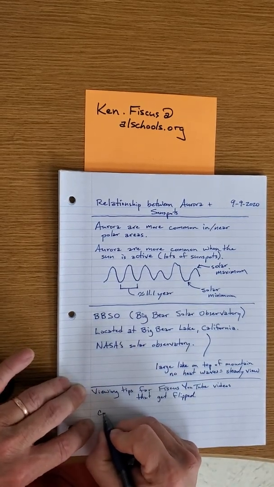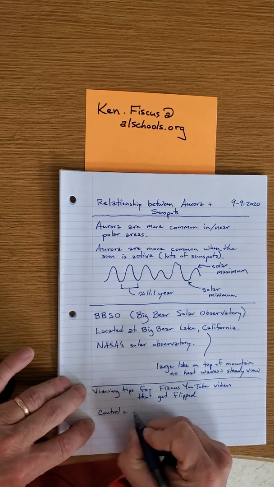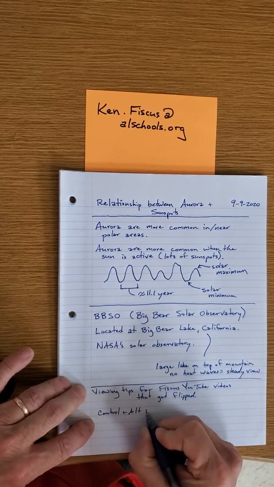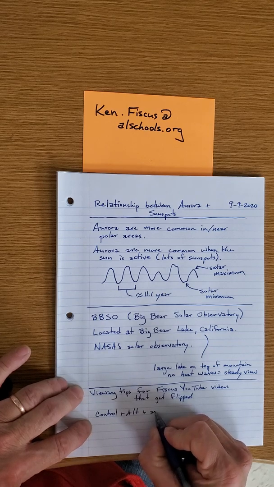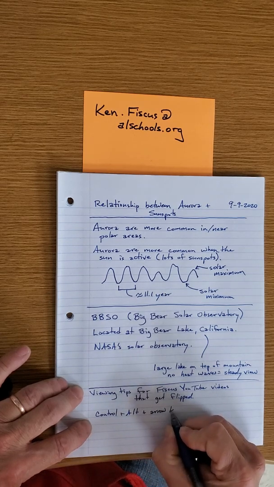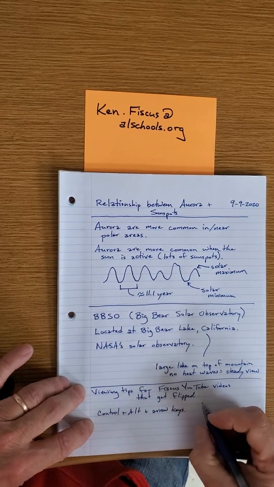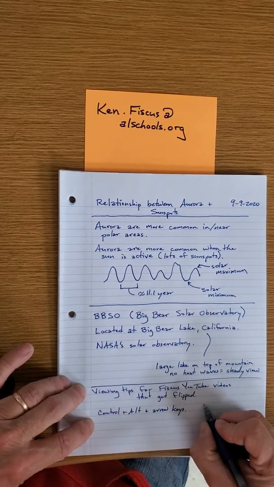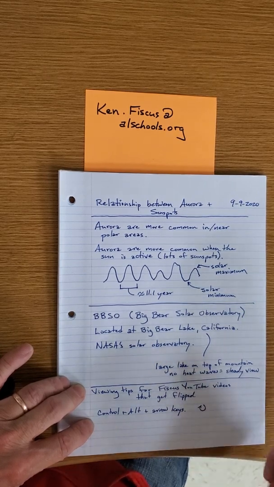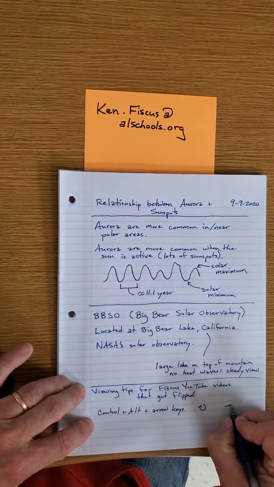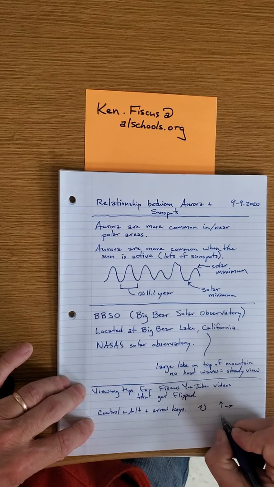Use Control and the Alt keys and the arrow key. On the Chromebook, it looks like this. And it's just these arrows on a PC.